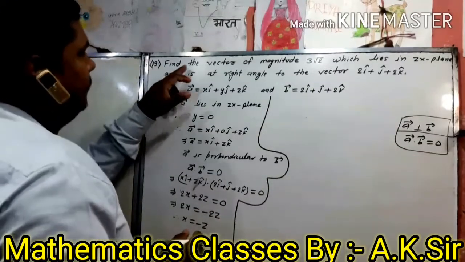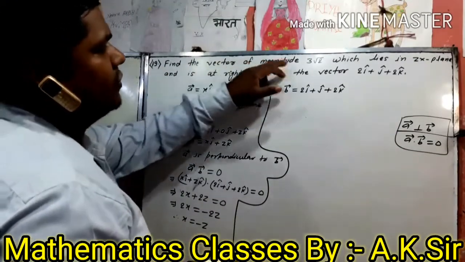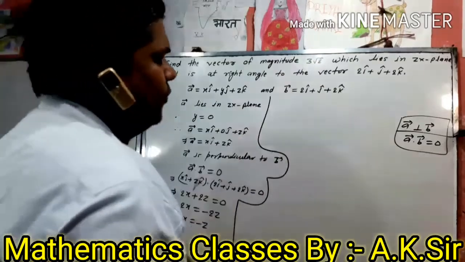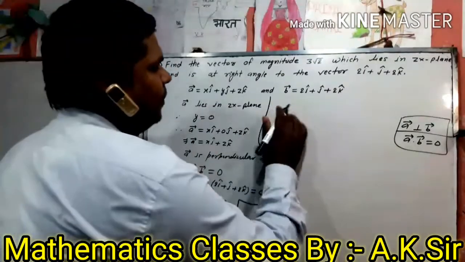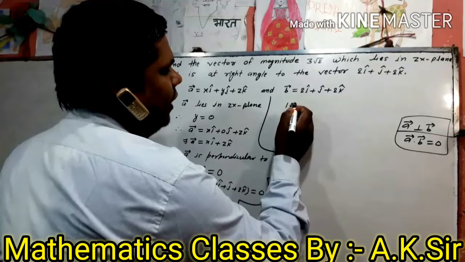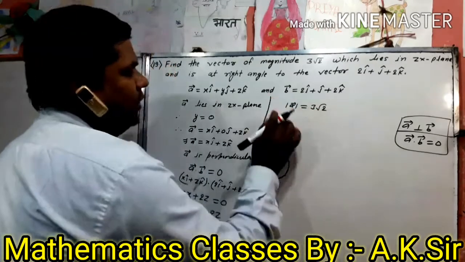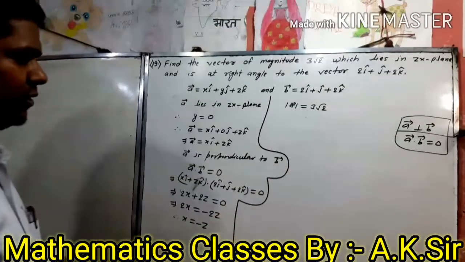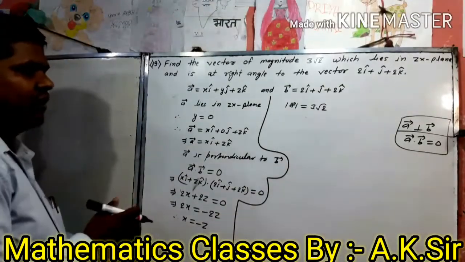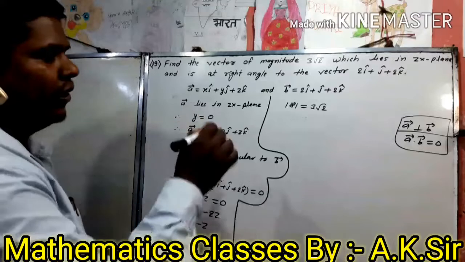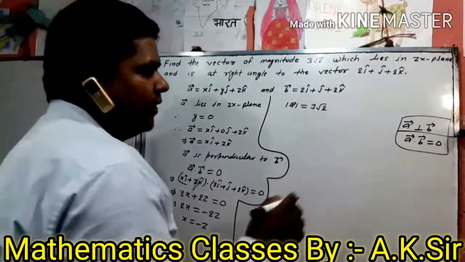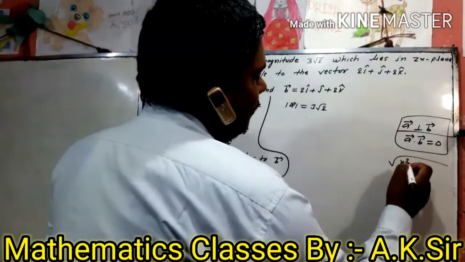Here it is also given, find the vector of magnitude 3 under root 2. It means magnitude of a vector is equal to 3 under root 2. We know the magnitude of any vector is equal to under root x square plus y square plus z square.